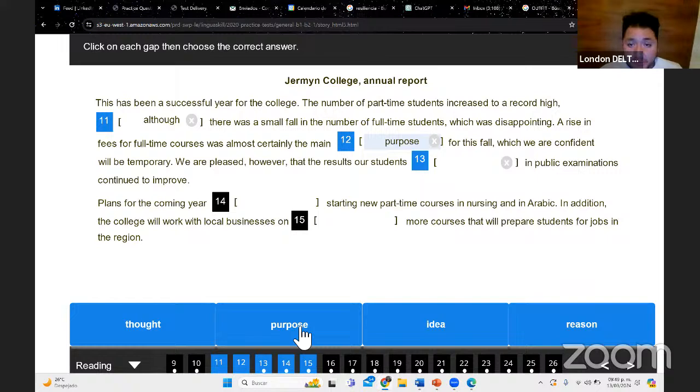The main purpose for this fall, the main idea for this fall, or the main reason for this fall. So I will give you 15 seconds to choose any of these four.